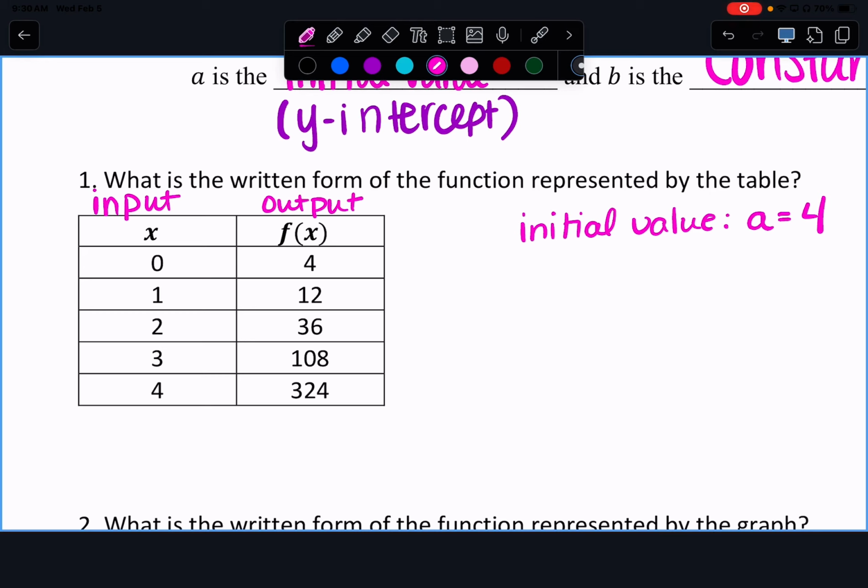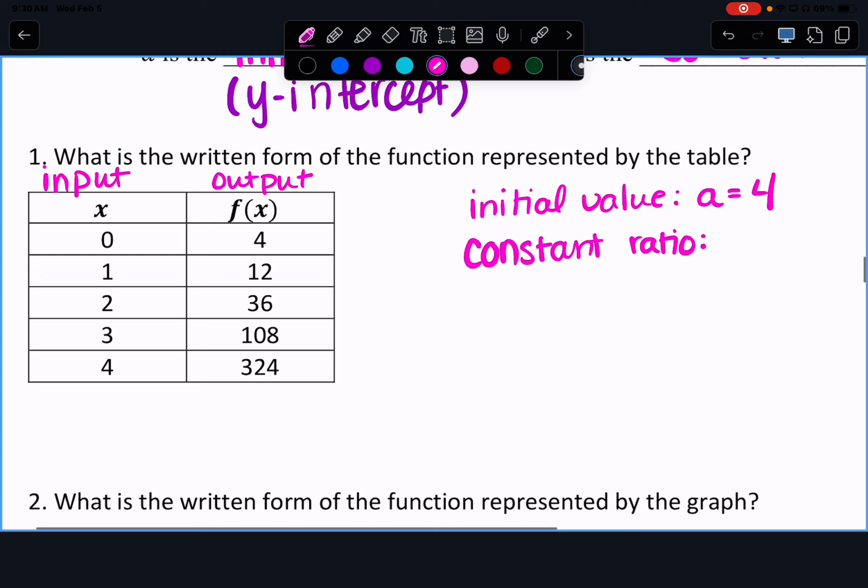Now, for our constant ratio, b. What do I need to multiply 4 by to get 12? 3.